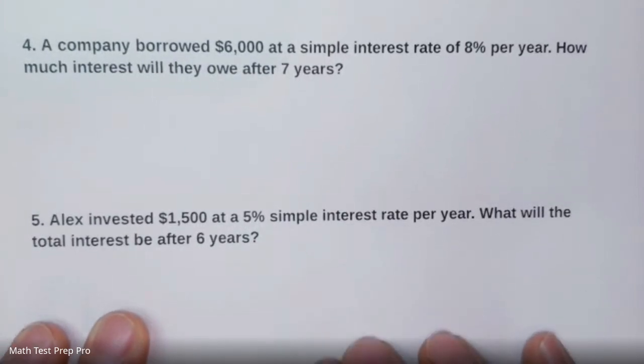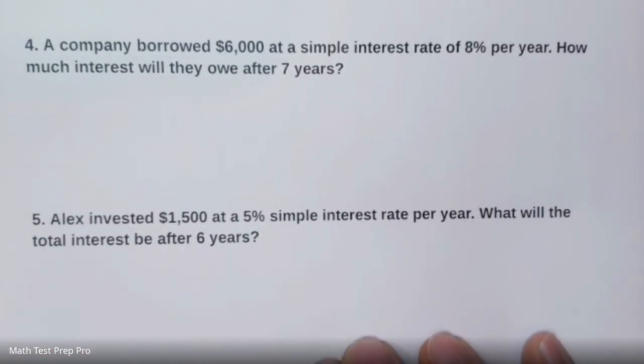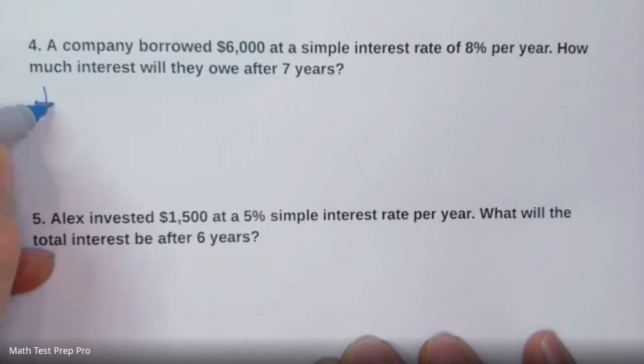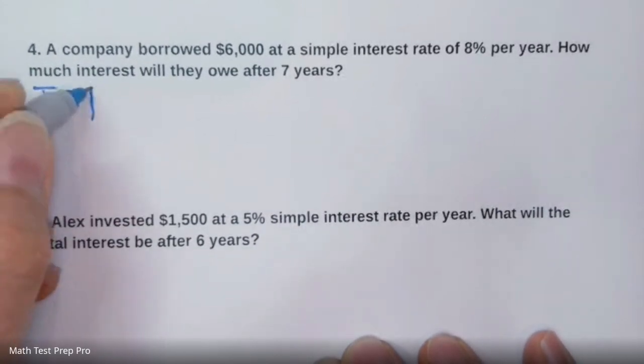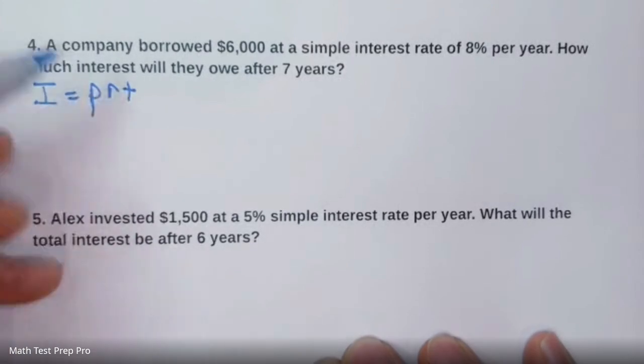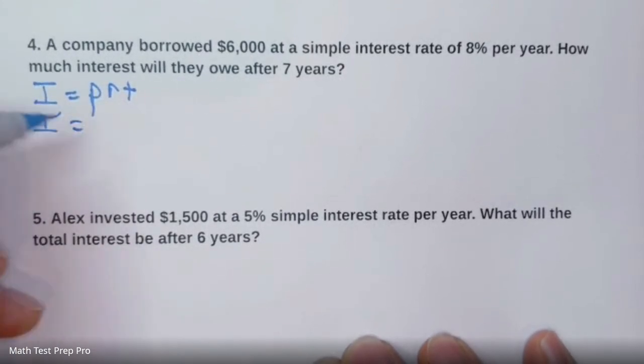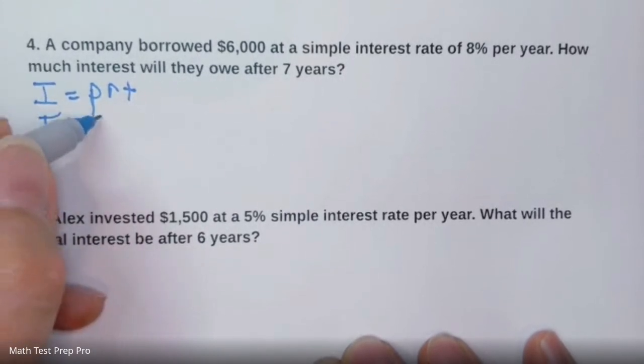Okay, let's do this one. A company borrowed $6,000 at a simple interest rate of 8% per year. How much interest will they owe after 7 years? All right, let's do it. Interest equals PRT. They borrowed $6,000.